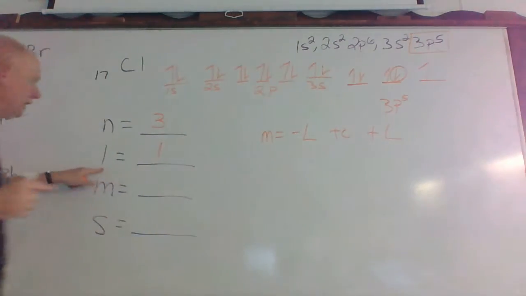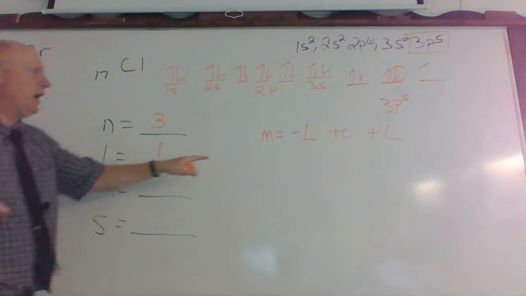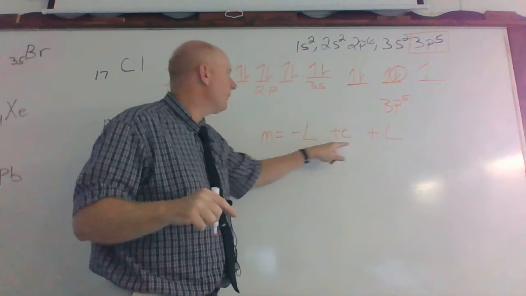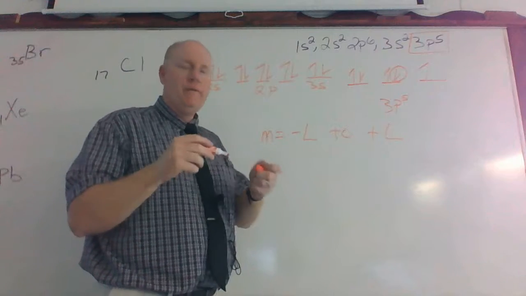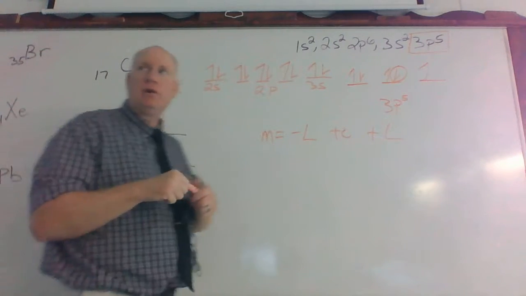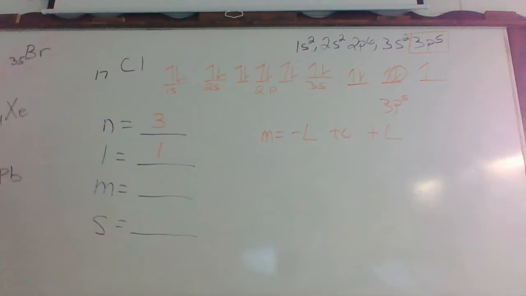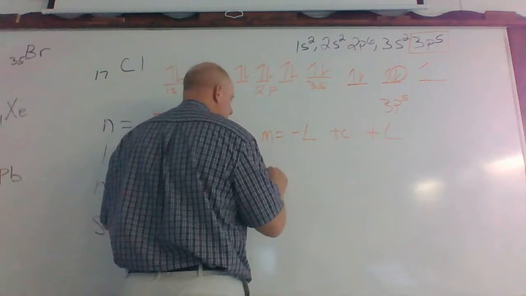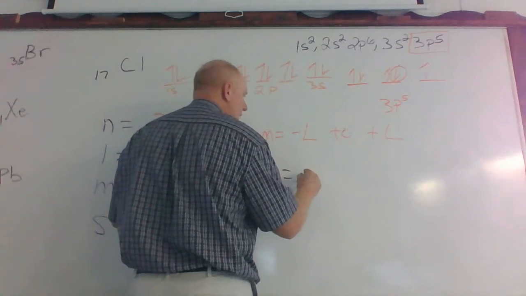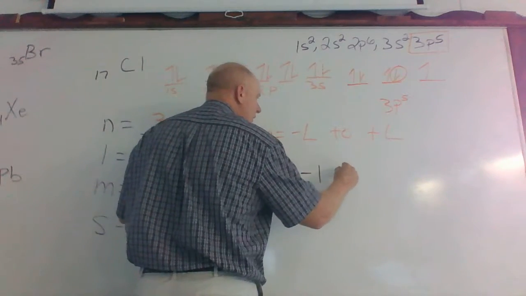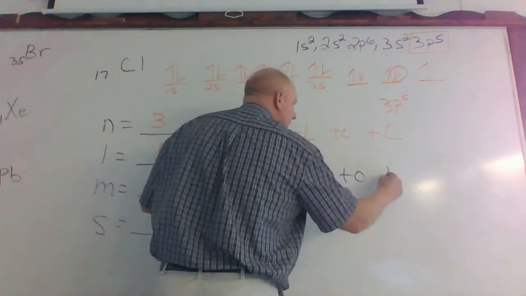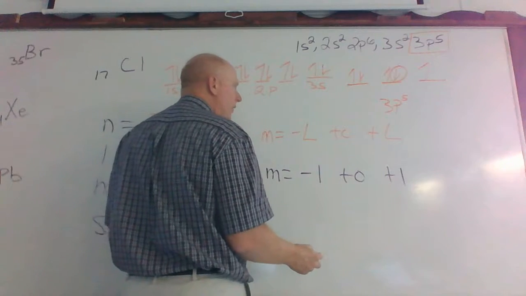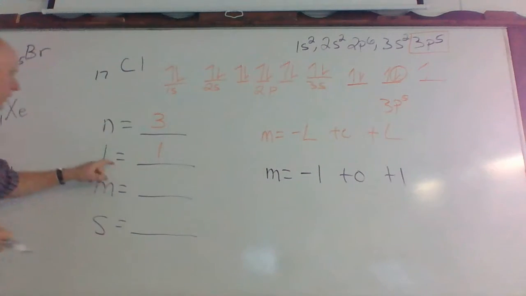This was a lowercase l. Now we're putting capital L's. Okay? So what was the value for L, which was what? 1. So what we mean by that, M then equals a value of negative 1 to positive 1 without skipping over 0. Okay, so we said L was 1, correct?